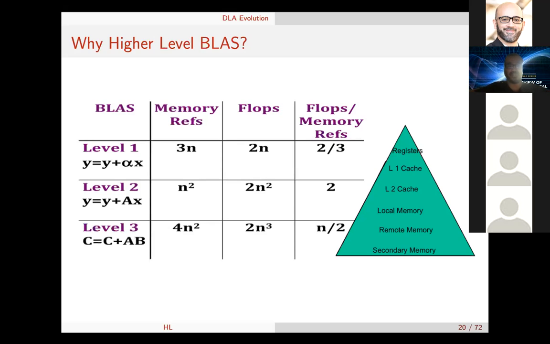Before I move toward this, just a quick concept in understanding why level 3 BLAS. Bilal introduced level 1, 2, and 3, but I want to focus on why level 3 BLAS is important. This is where you have most of the data reuse. This is where you will be able to extract performance. It does not mean necessarily that you will be faster, because if you have a code that is memory bound, mostly perhaps expressed in terms of level 1 BLAS, memory bound means that you are always waiting for the data to come.